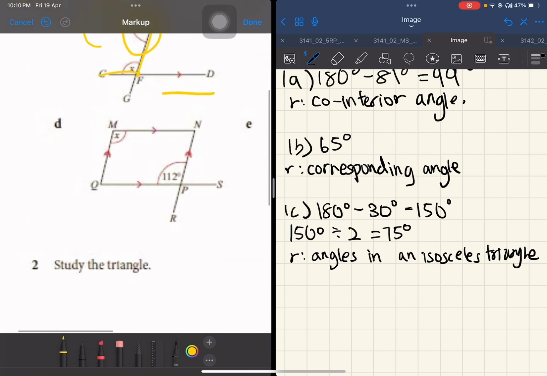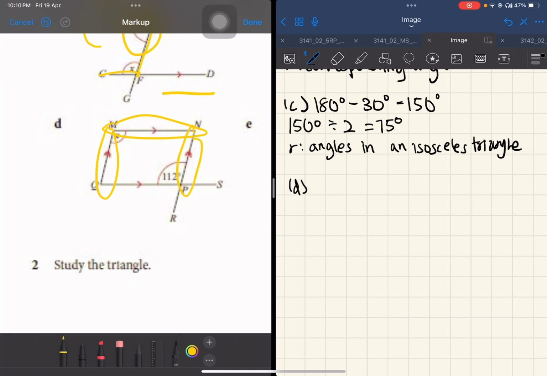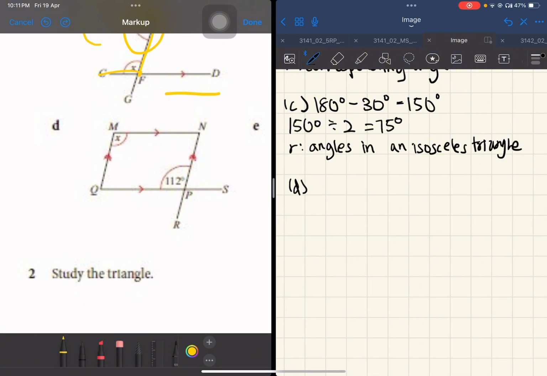Okay, let's go to 1d. Now 1d, this is a parallelogram. As you can see, all these sides are parallel to each other, so it is a parallelogram. Now, recalling Year 7, we've learned that the opposite angles in a parallelogram are all equal.